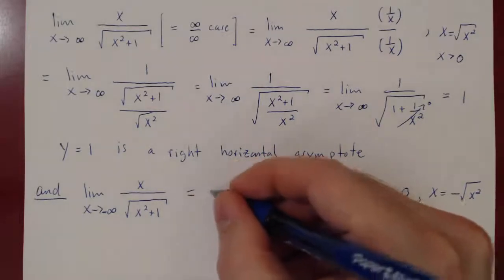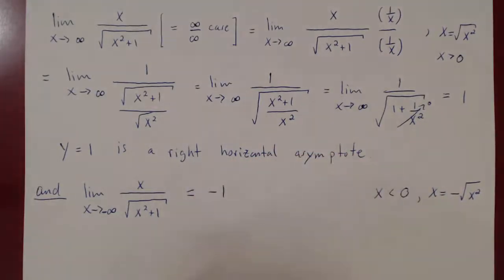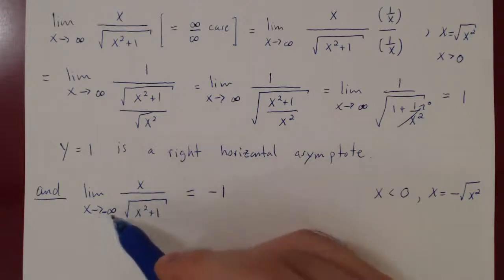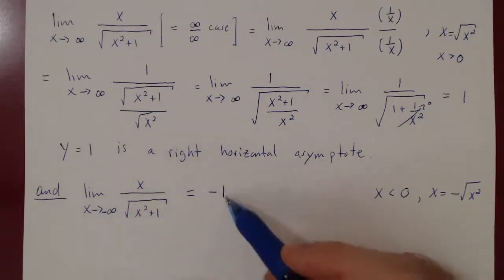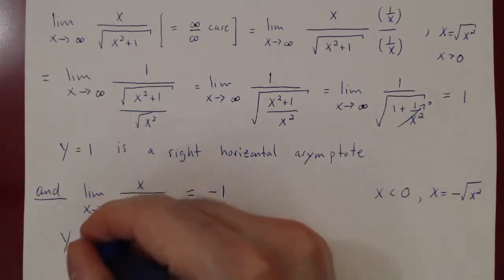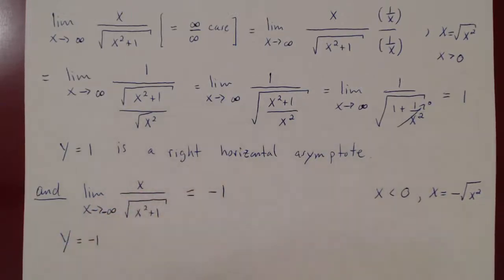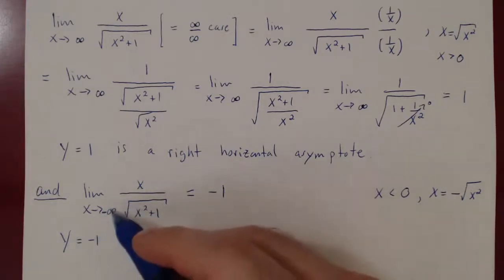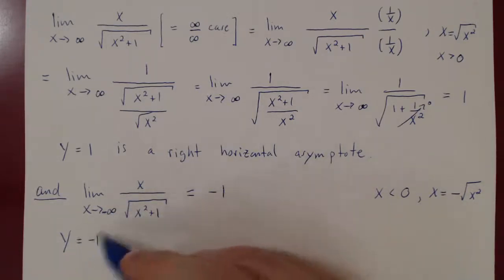And I will let you verify this. So you see that the y values of our function, as x approaches negative infinity, are getting closer and closer to negative 1. So we have a second horizontal asymptote, and because that was approaching negative infinity, this will be called a left horizontal asymptote.